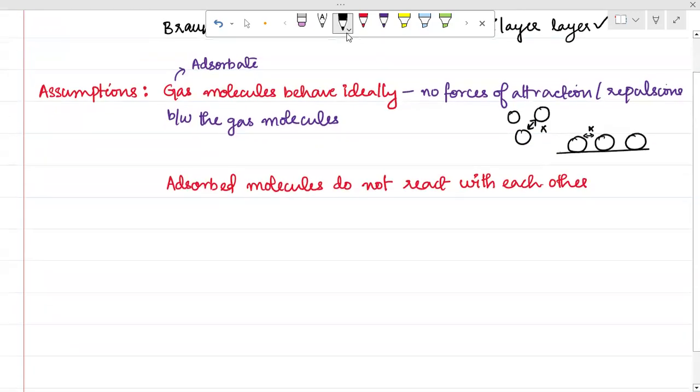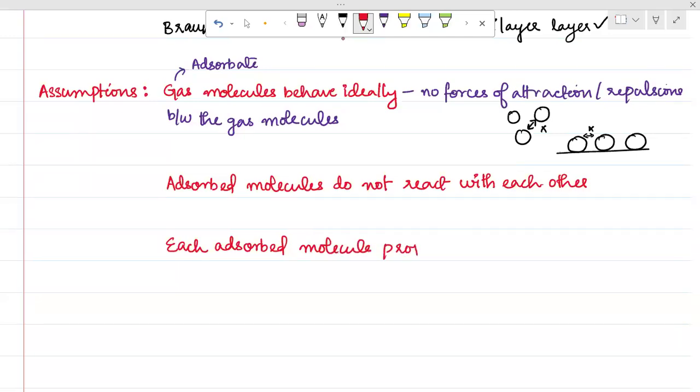Next postulate. Each adsorbed molecule provides a new site for adsorption, and this is the highlight of BET adsorption isotherm.